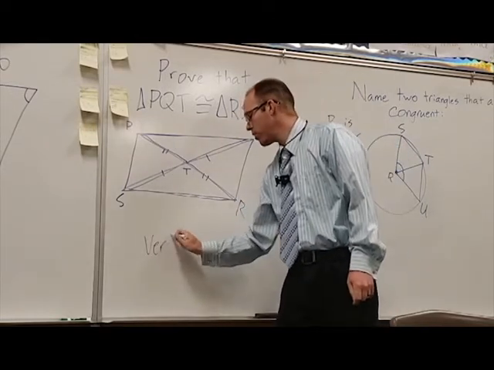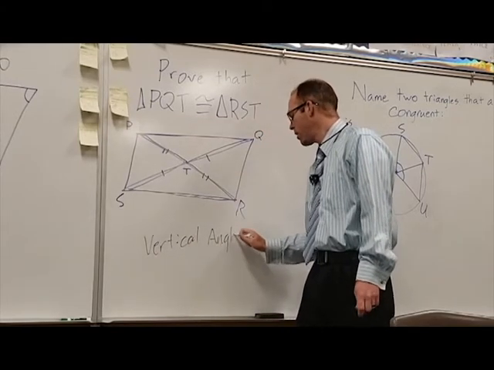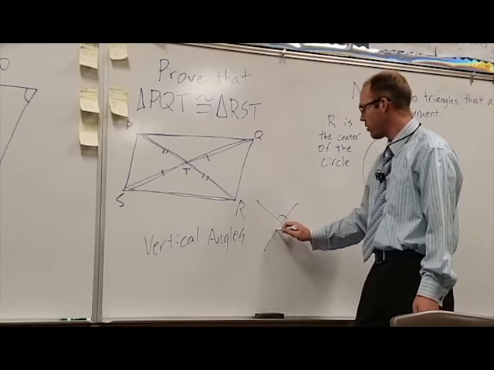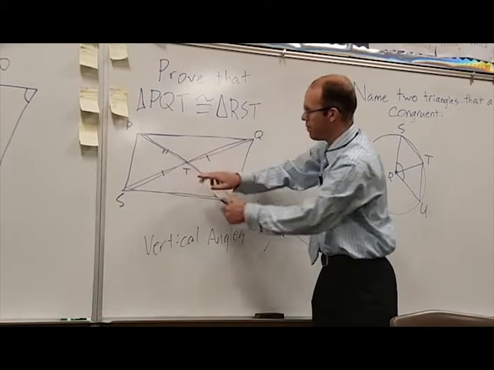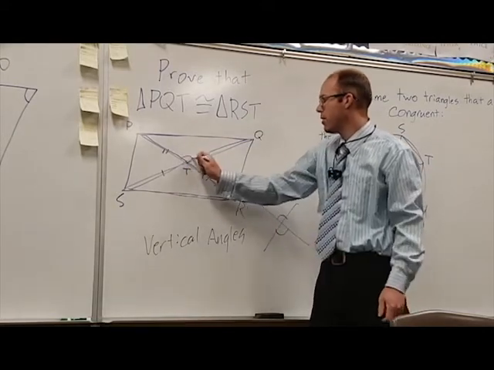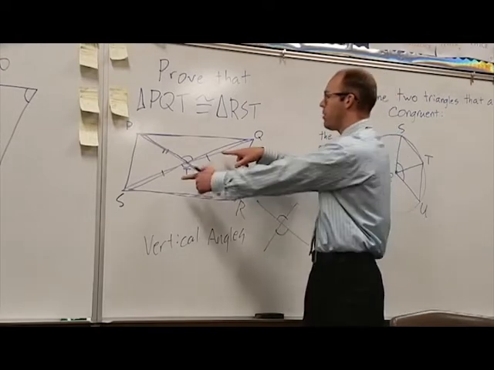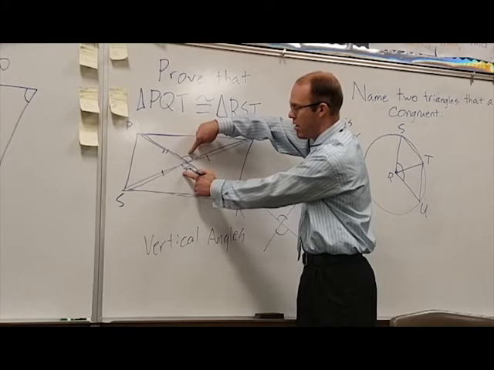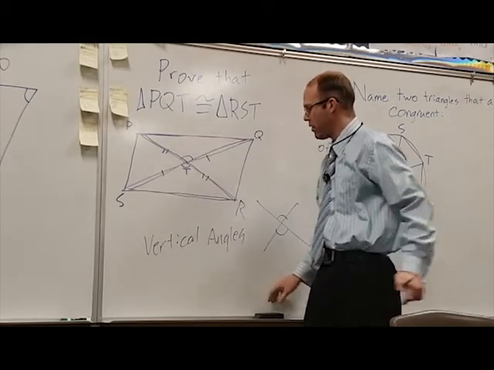Vertical angles are created by intersecting 2 straight lines, and those vertical angles are congruent to each other. So we can see that situation happening right here. So we have this angle and this angle that are congruent because they are vertical angles. We now have enough information. We have a side, we have a side, and that angle is the included angle. It's between those two sides. So we have enough information.